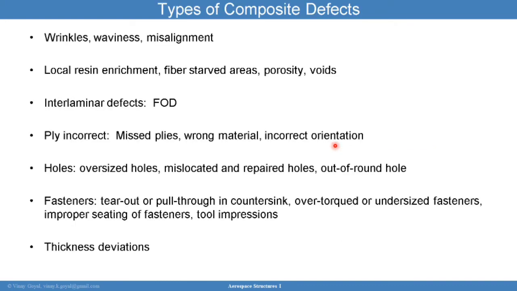So what are the types of composite defects you could have? There are many of them. You could have fibers that are wrinkled. The wrinkled fibers can degrade the strength properties. You could have waviness of the fiber system, misalignment of the fibers. And you can have areas where you have fewer fibers than you had desired.